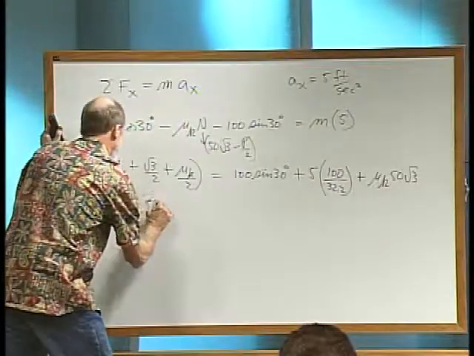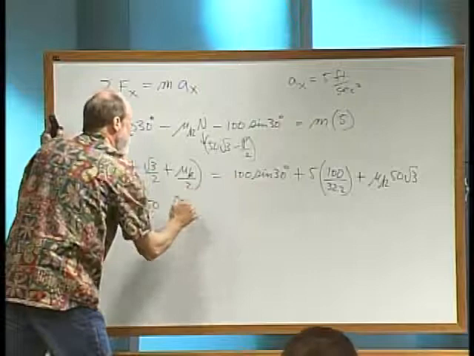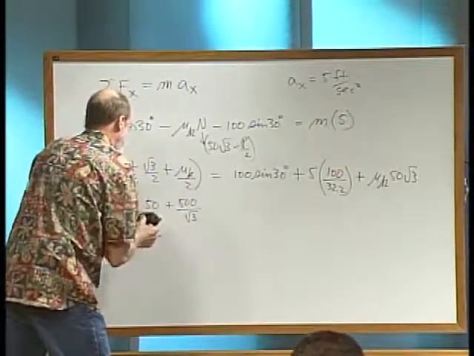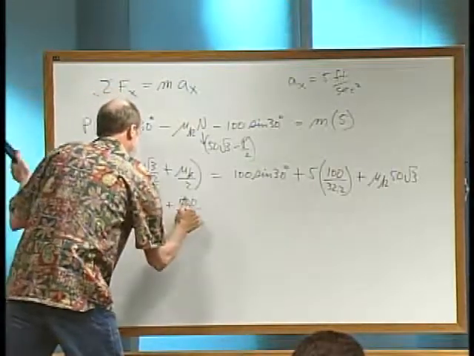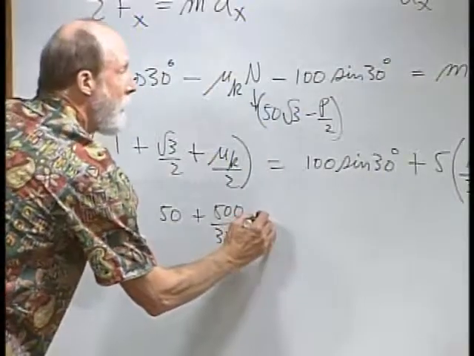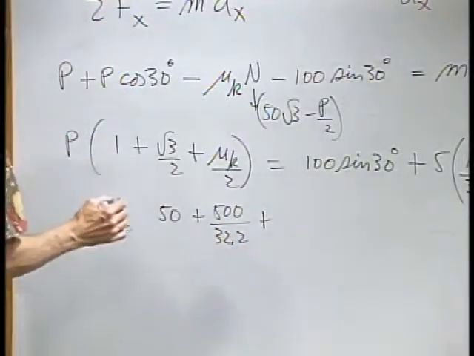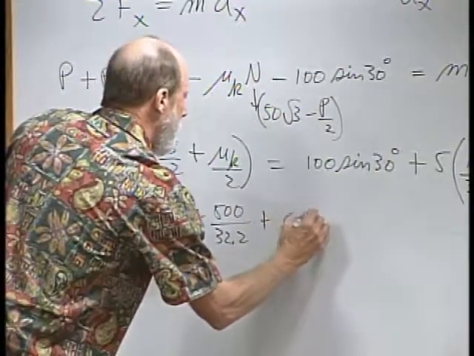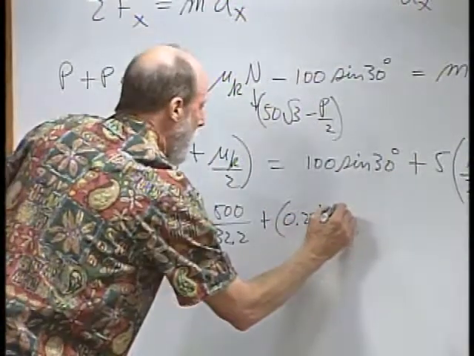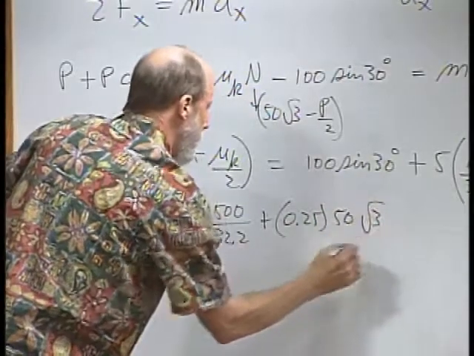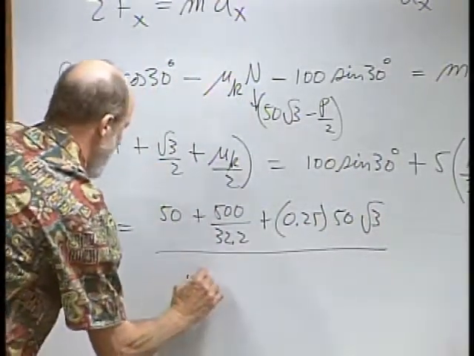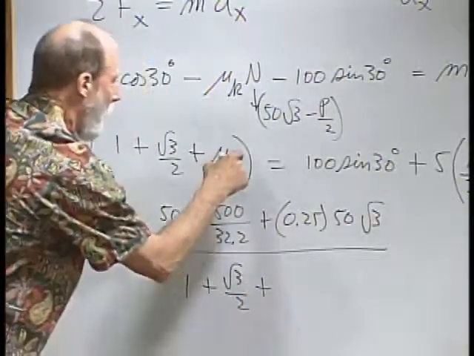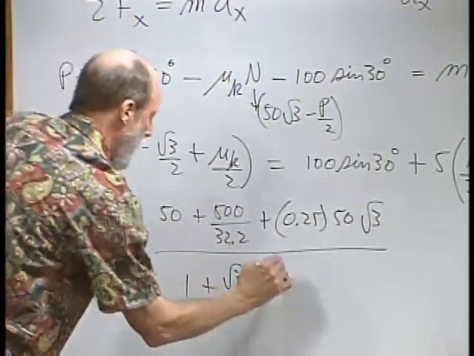So we're going to have 50 for the sine of 30 times the 100, plus our 500 over 32.2, plus our coefficient of friction, which they told us was 0.25, times 50 radical 3, and that divided by 1 plus radical 3 over 2 plus 1/4 times a half, which is 1/8.